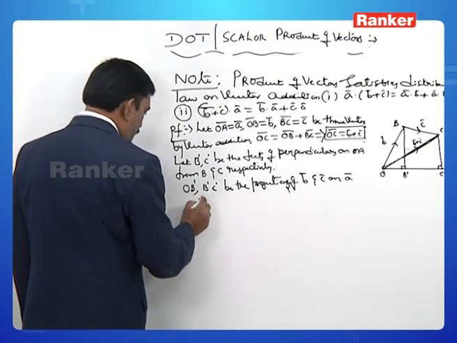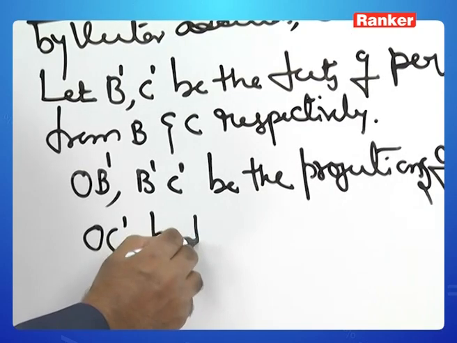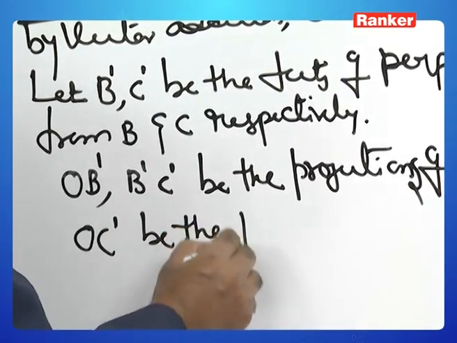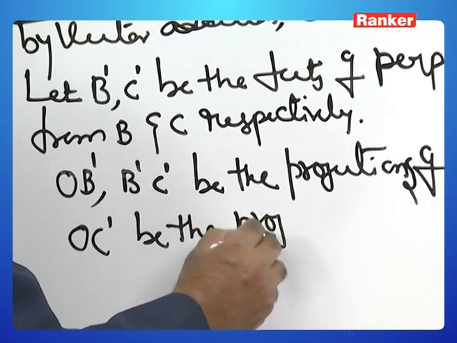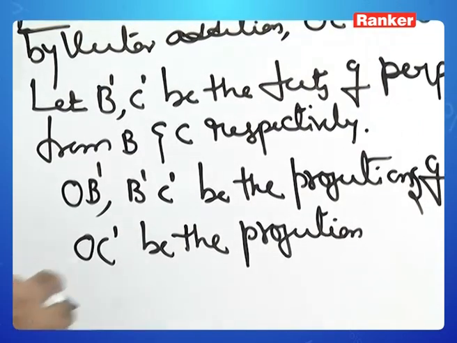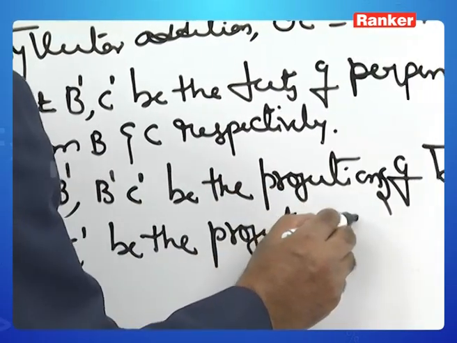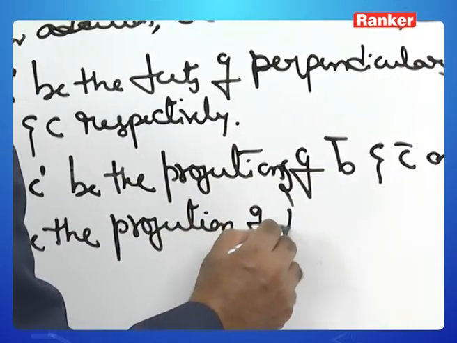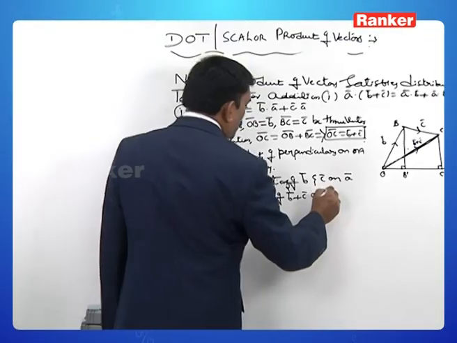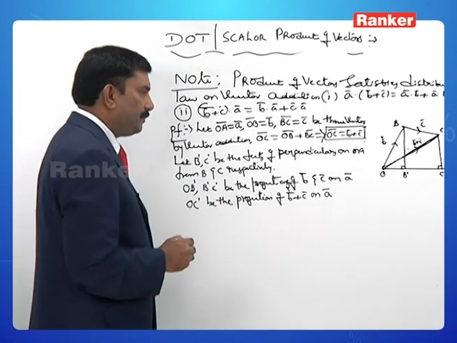OC' be the projection of B bar plus C bar on A bar.